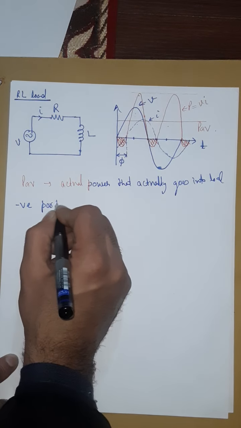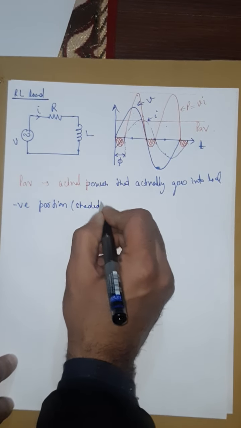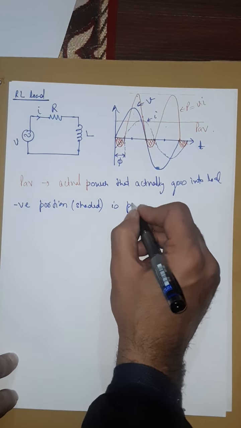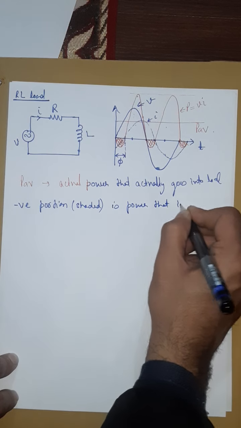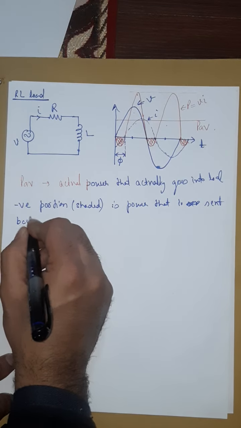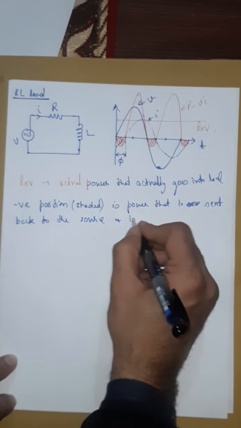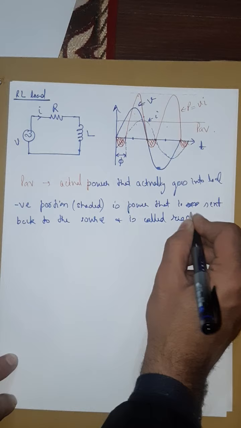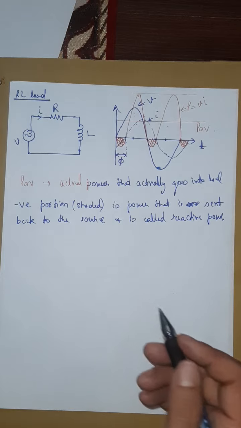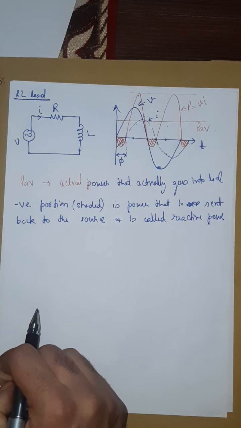The negative or shaded portion is power that is sent back to the source and is called reactive power. This negative shaded area is the negative power, and this power is sent back to the source, and this power is called the reactive power. Okay, got it?